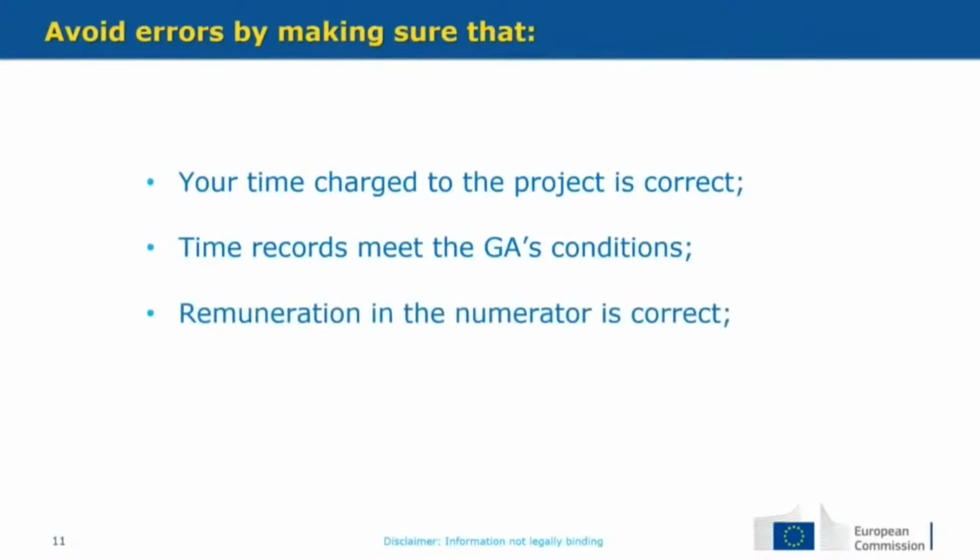The number of hours worked on the project, obviously, is very important. And in the remuneration, the numerator is correct. As explained earlier, you do not include ineligible items. You only include those elements that come from the labor agreement, the labor contract.